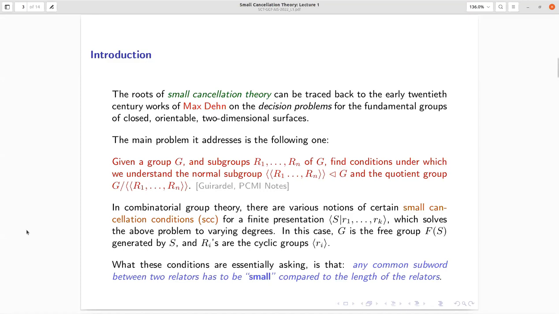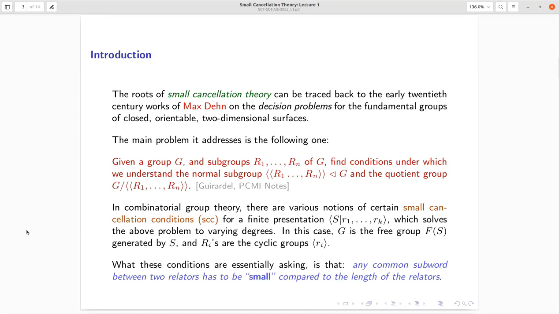So what he essentially did is he replaced those subwords with the remaining part of the relators, essentially shortening the entire word which he started with, which was trivial. It is famously known as Dehn's algorithm, which we will be talking about later, maybe tomorrow.